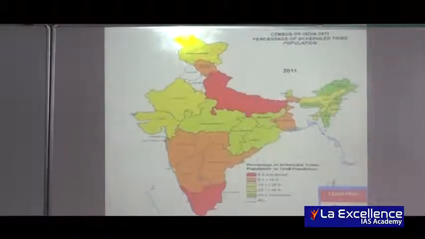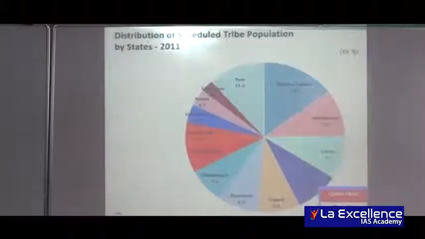But then what is much more communicative is this particular one. State-wise distribution.